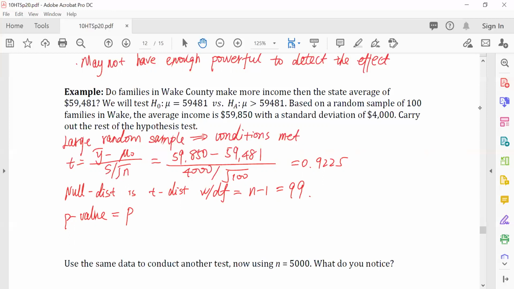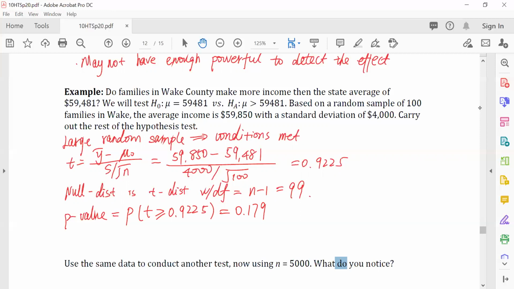We have talked about how we should find the p-value. That would be, under the null distribution, the probability that the t-distribution is greater or equal to your test statistic. What is the probability that you will find a test statistic that is more extreme than the observed test statistic? If we use StatCrunch, we will find this is 0.179. So this is a pretty big number.